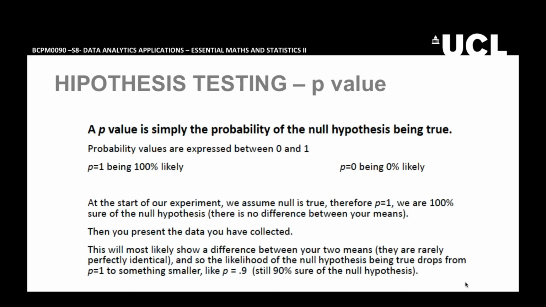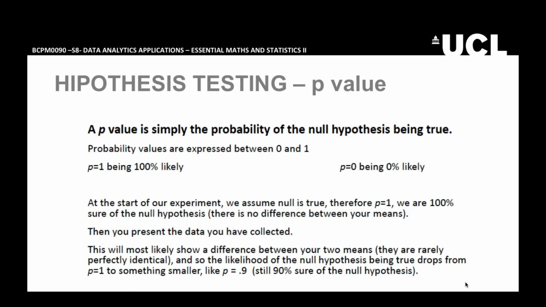So the likelihood of the null hypothesis being true will drop from 1 to something smaller, like for example 0.9 or 0.8, which represents that there is still a 90% or 80% chance that the null hypothesis is true.